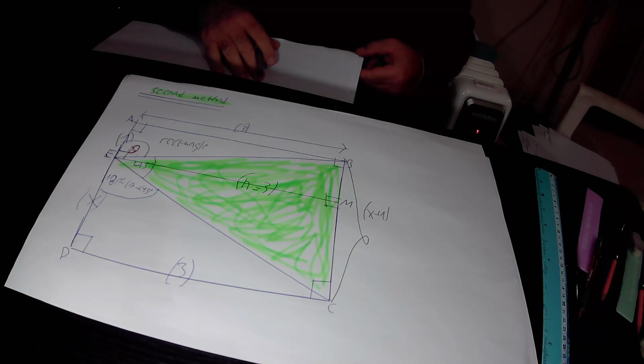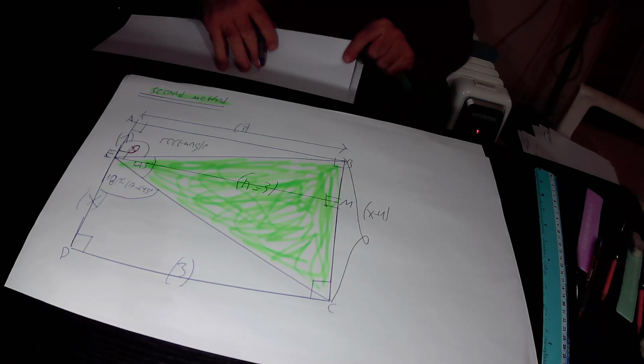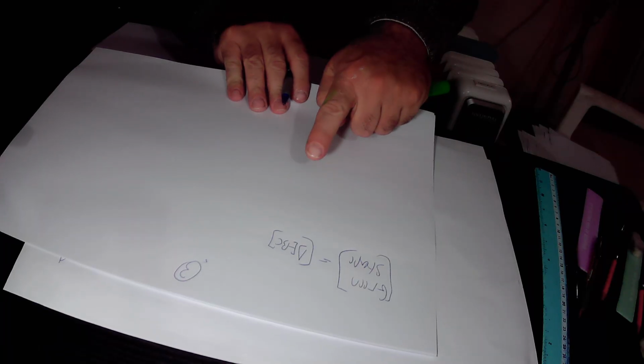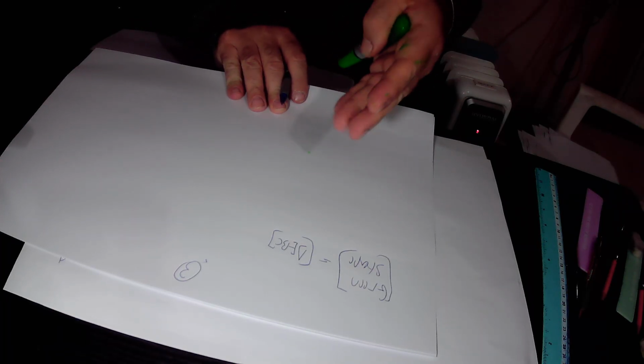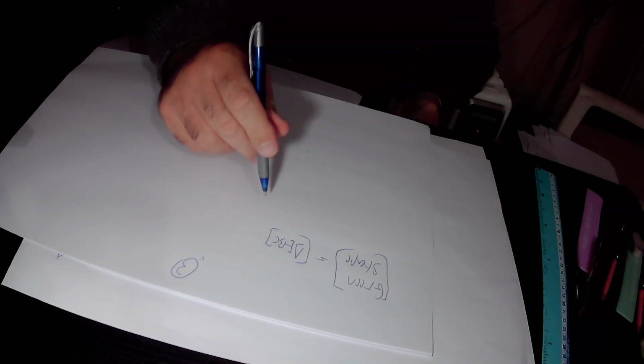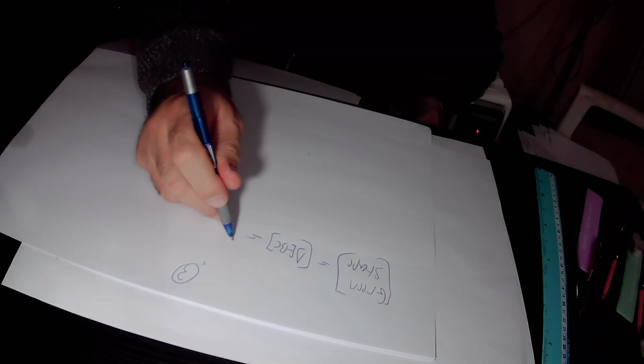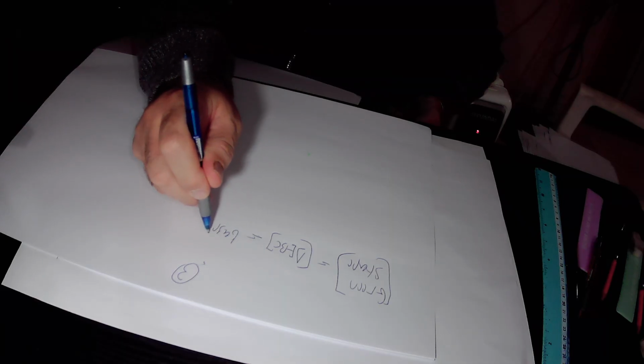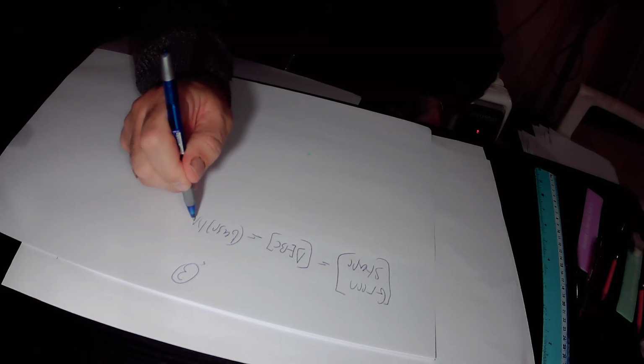Note that the area of any triangle equals the base of the triangle times the height over 2.